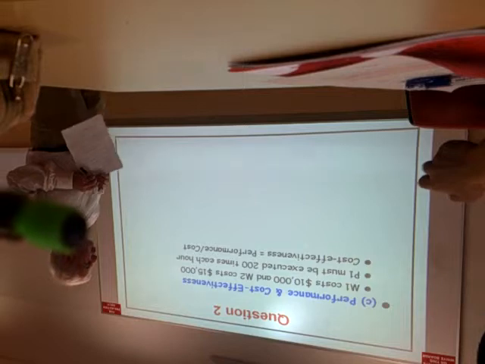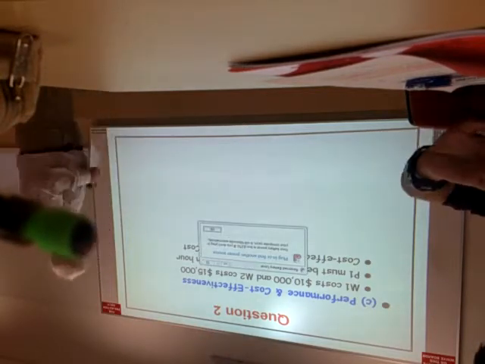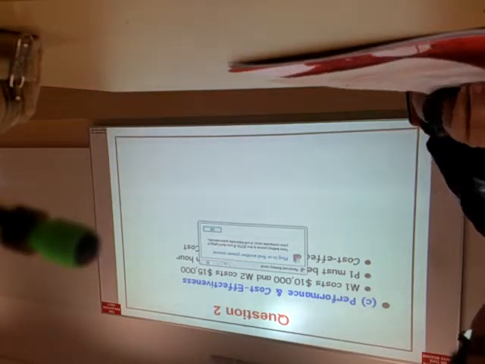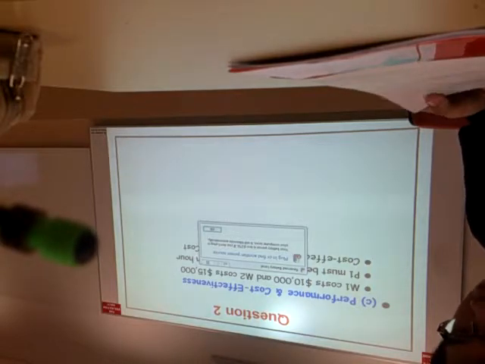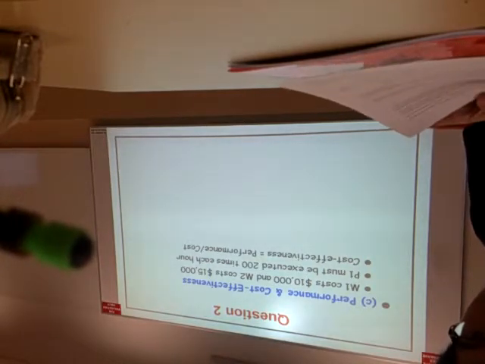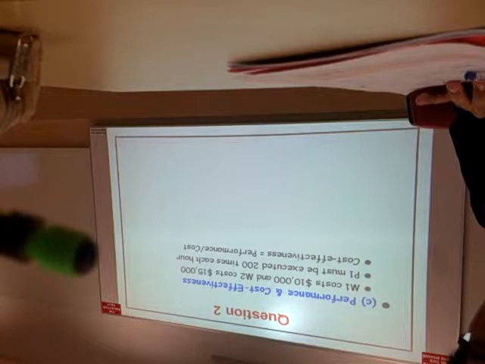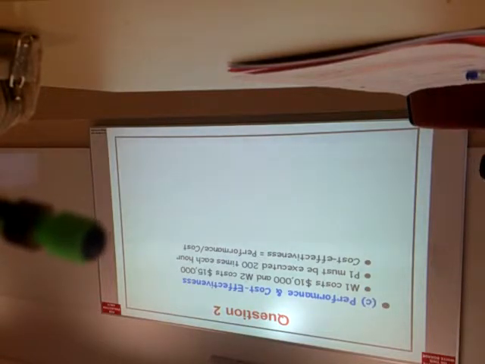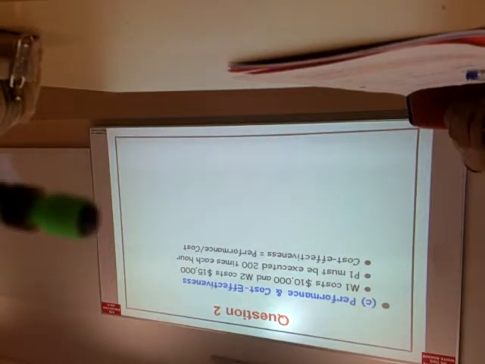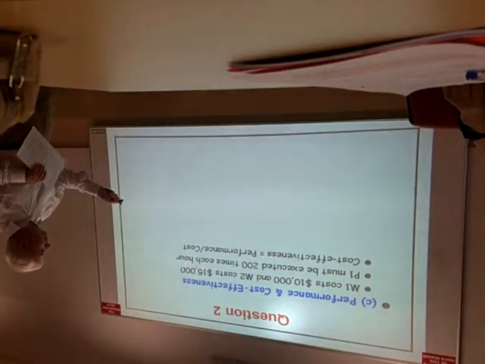So, section C of this question is about performance and cost effectiveness. We're told that machine M1 costs 10,000 and machine M2 costs 15,000.